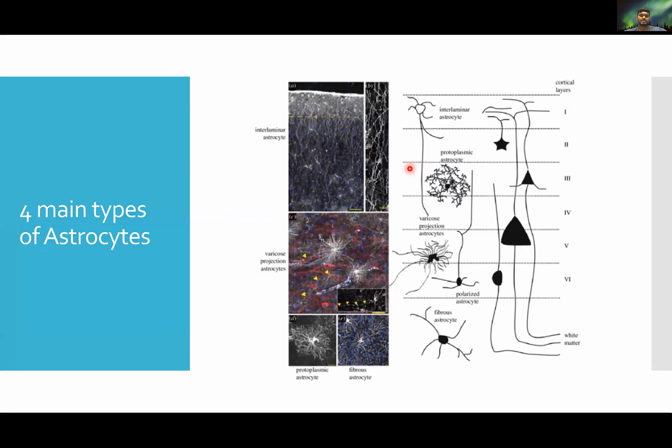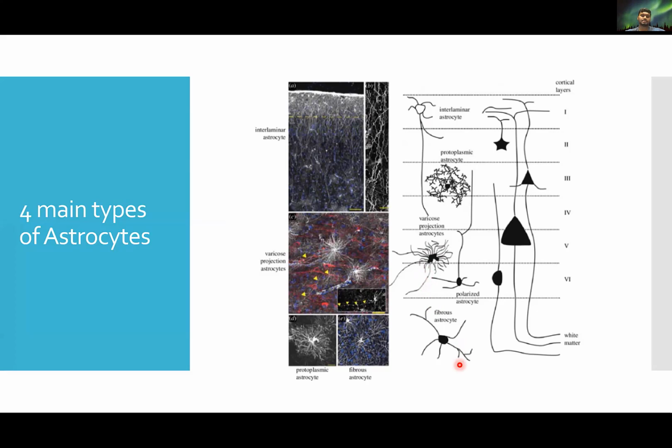So as you can see here, we have the interlaminar astrocyte right here, and the soma, as we said in the previous slide, is in layer 1, but these long processes go all the way to layer 4. And these varicose projection astrocytes are in layers 5 and 6, as we've discussed previously.